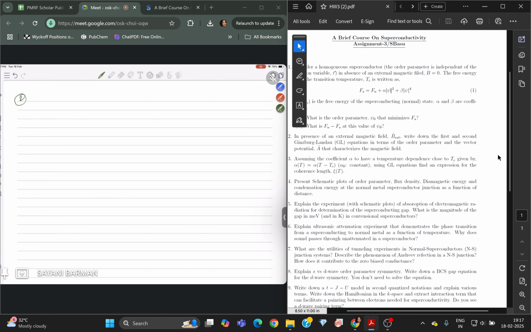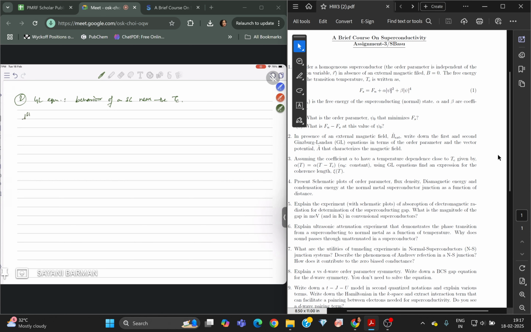Okay. Now, this GL equations basically tells us the behavior of a superconductor near the critical temperature.